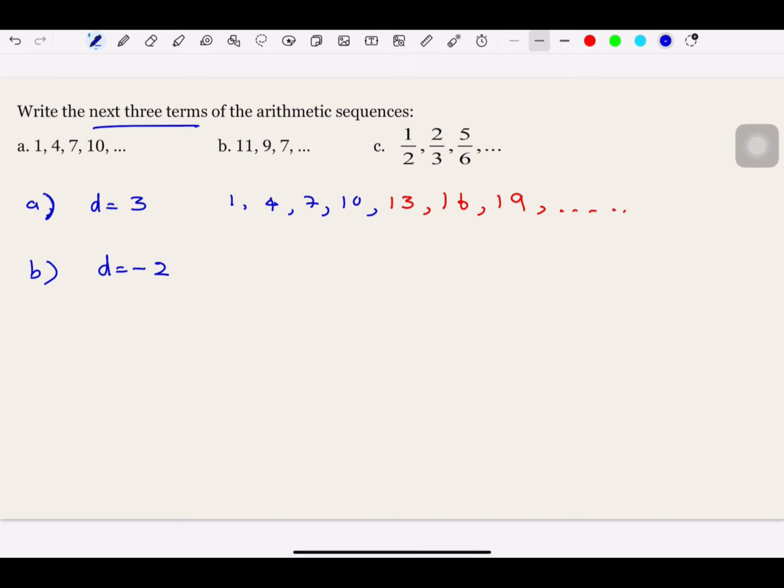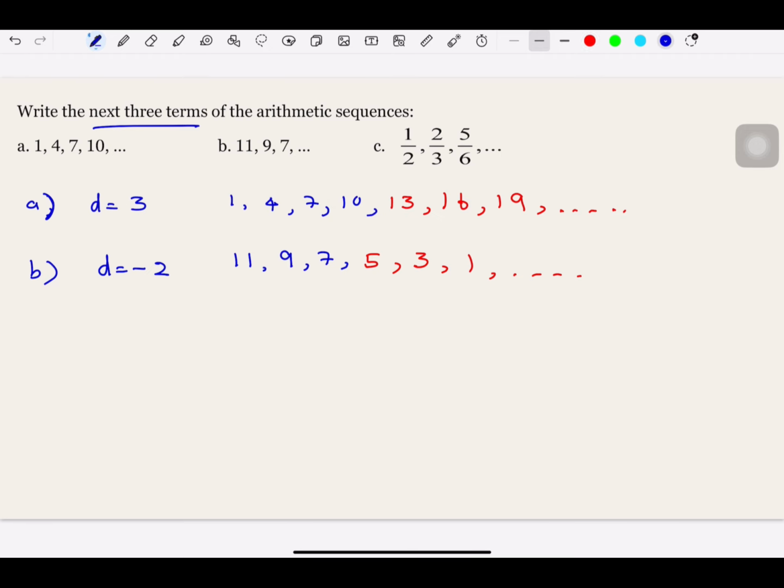To get the next three terms, you keep adding this constant. To get the next term, you add negative 2 to 7, which gives 5. Then if you add negative 2 to 5, you get 3 and then 1. And it will go on.